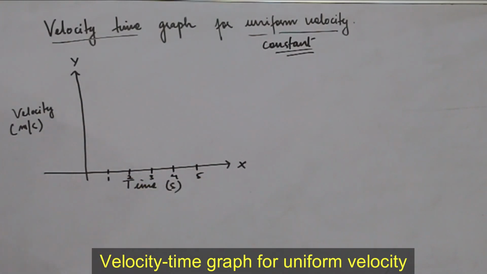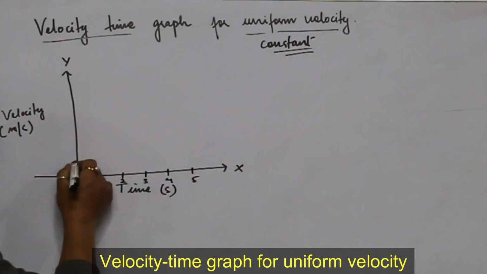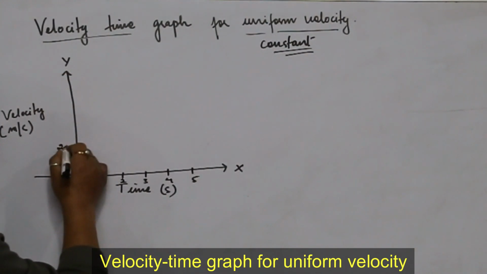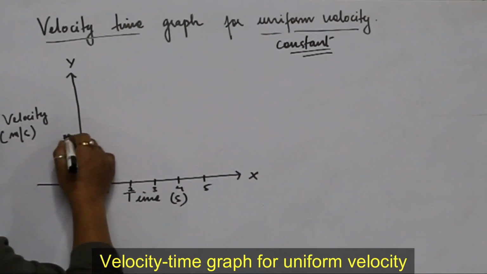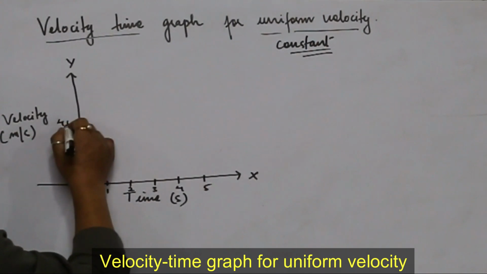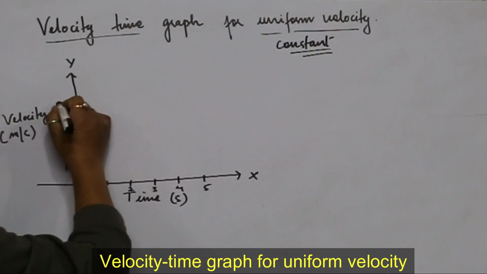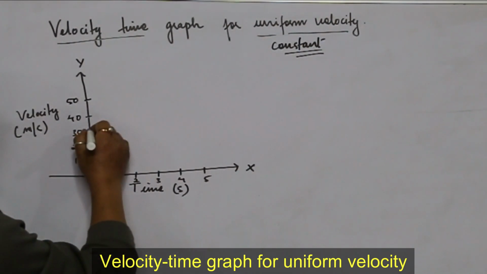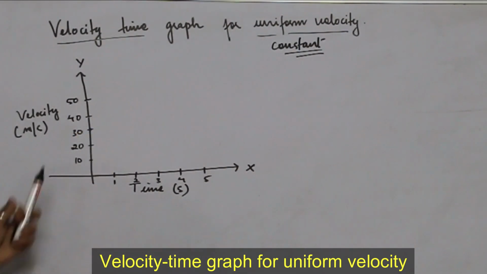These are the times in seconds. Then 30 meters per second, 40 meters per second, 50 meters per second. So initially, the body is moving with velocity 30 meters per second.